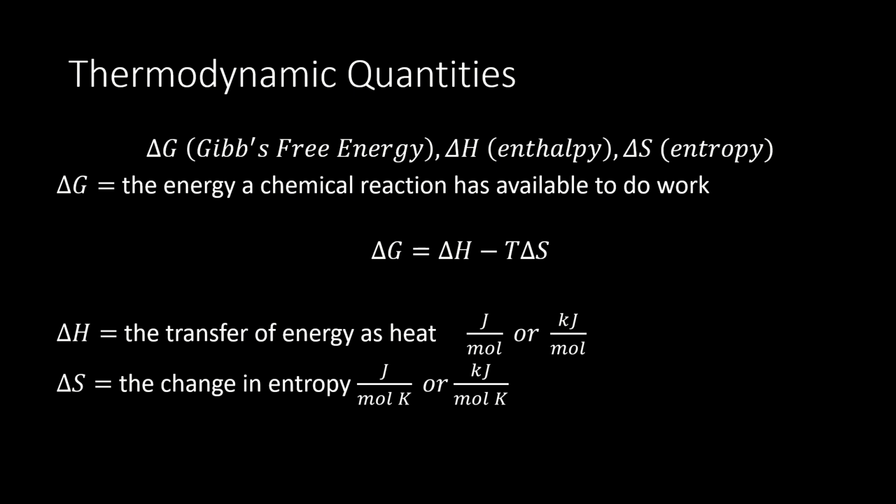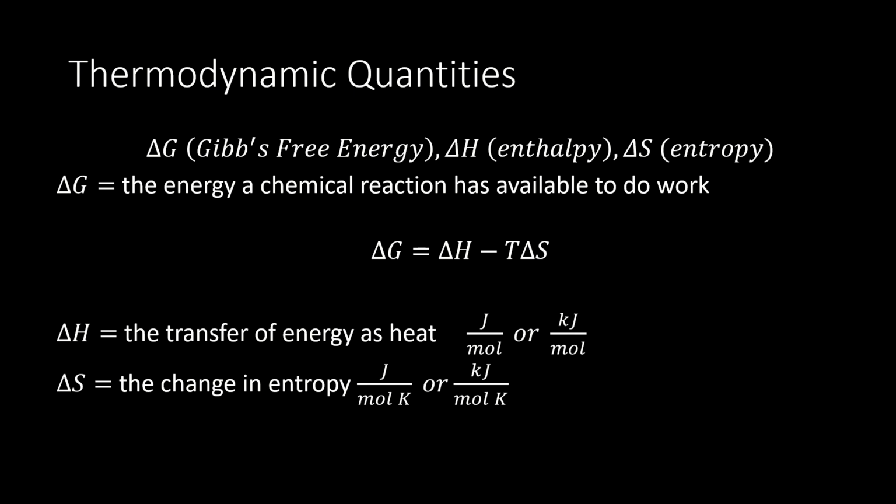Delta G is simply the energy a chemical reaction has available to do work. Of the total internal energy a chemical reaction might have, perhaps only some of it is actually available to do any kind of meaningful work. And delta H is the enthalpy of a reaction, which is the transfer of energy as heat.